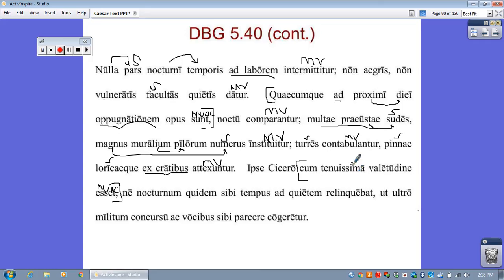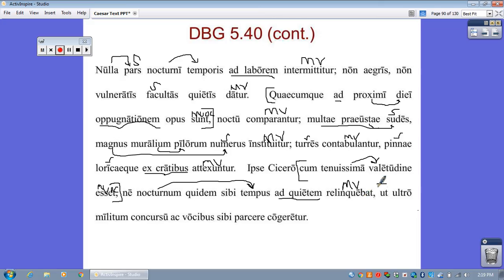Tenuissima and valetudine. Those look ablative to me. And then if we keep going, I need to find the main verb of the sentence. Aha, there it is. Relinquebat. Looks good. I see a prep phrase at ad quietem. And nocturnum and tempus both look accusative to me, probably the direct object of relinquebat.